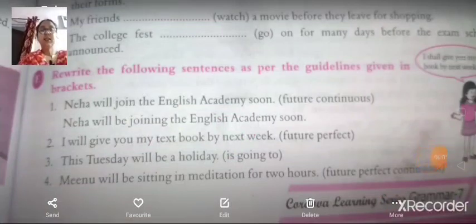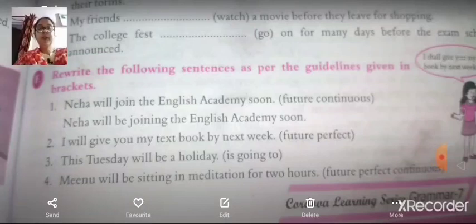Now in the next sentence you can see, this Tuesday will be a holiday. Now in the bracket it is given "is going to".